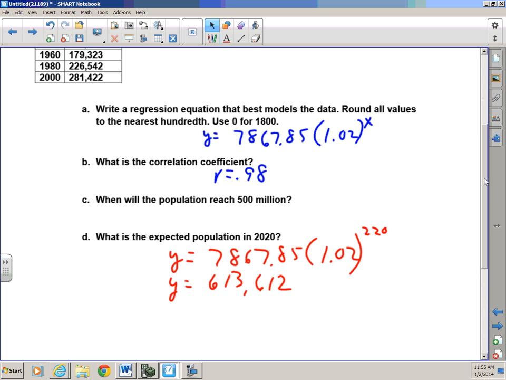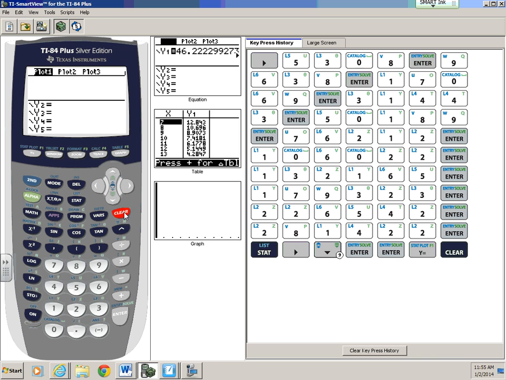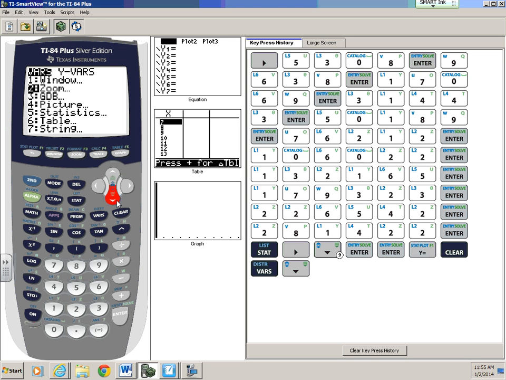Now, when will the population hit 500? So that means I'm looking for the exponent, which means I've got to go into y equals. All right? So let's do that. I got to clear out the old one, put in the new.